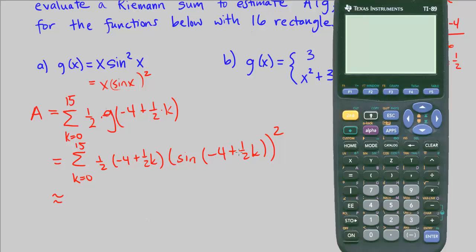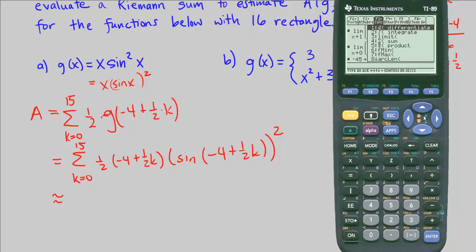So bring out our calculators, turn them on, click F3 to calculate, and go down to number 4, which is sum. We're about to calculate the Riemann sum. So now we're going to put in 1/2, and the entire argument here, times -4 plus 1/2 k.